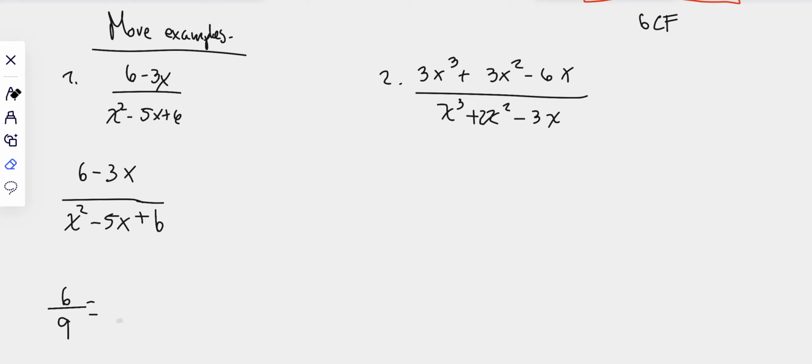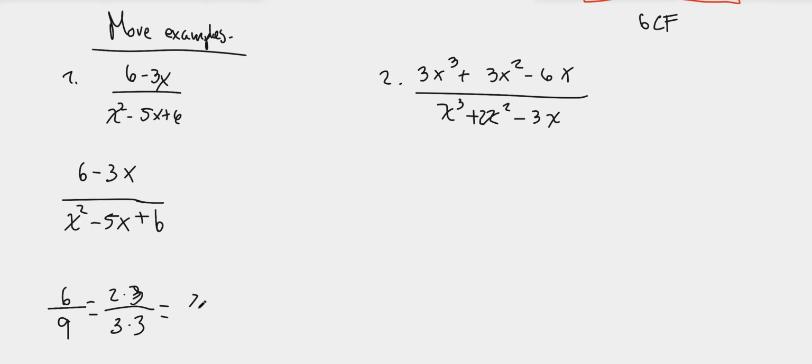Let me erase this. You say, let me find some factors of 6, and some factors of 6 are 2 and 3, right? 2 times 3 is 6, and the factors of 9 are 3 times 3, right? Then you ask, what can I cancel out?